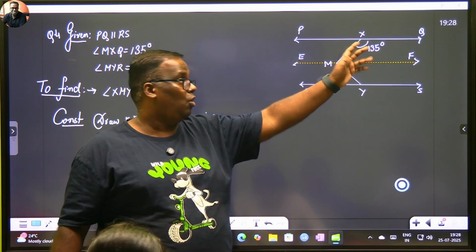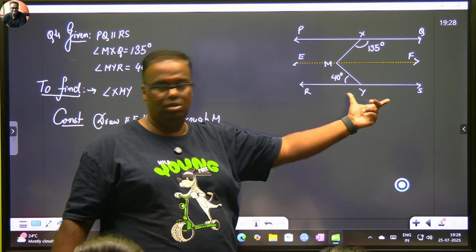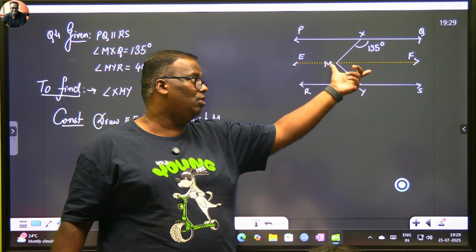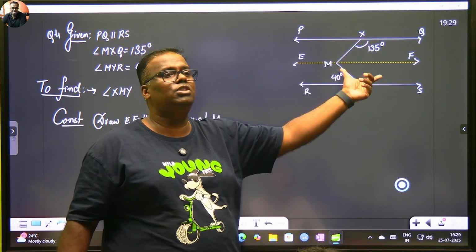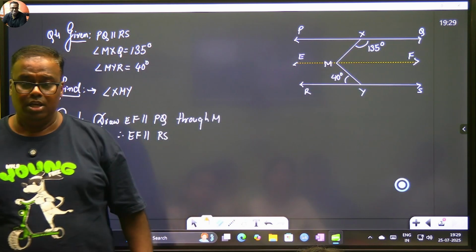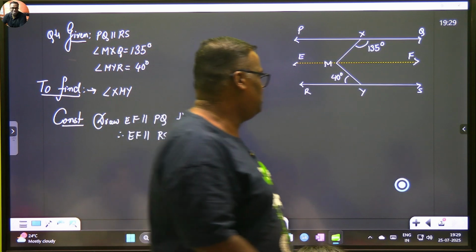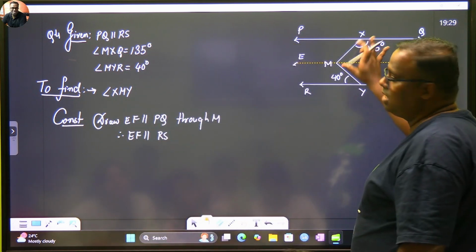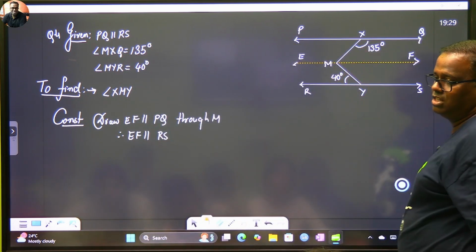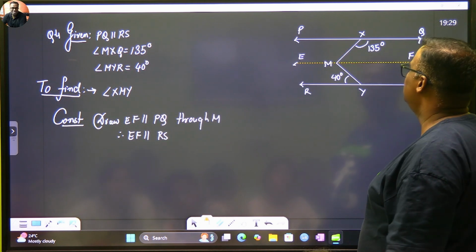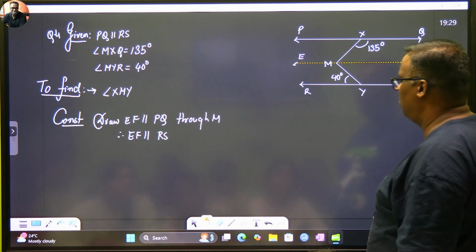ठीक है ना? Already given to you, PQ is parallel to RS. And you have drawn the yellow line parallel to the top line. So the yellow line is automatically parallel to the bottom line. If such be the case, then MX is a transversal as well as MY is a transversal. ठीक है? अब हम आराम से निकाल ही सकते हैं. हमें निकालना क्या है? XMY.